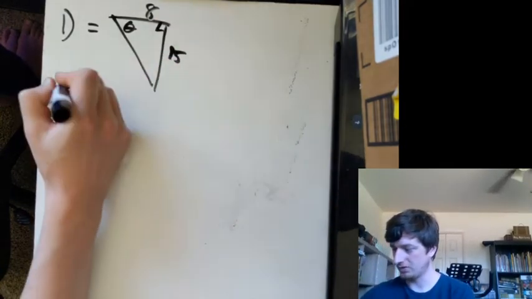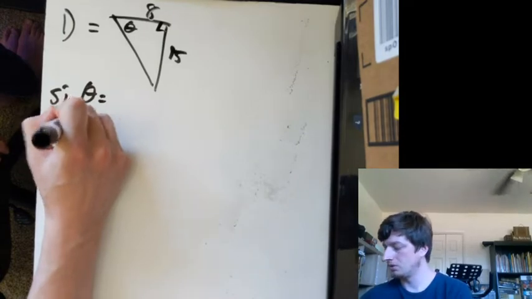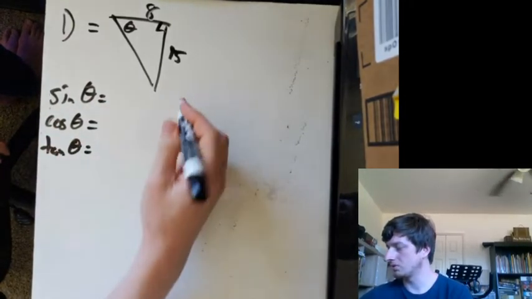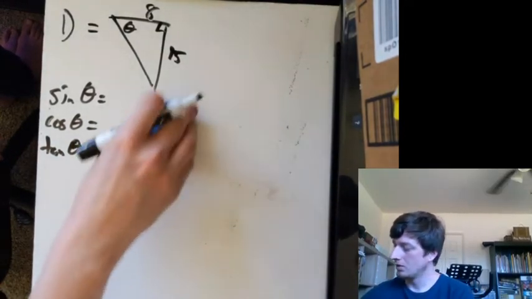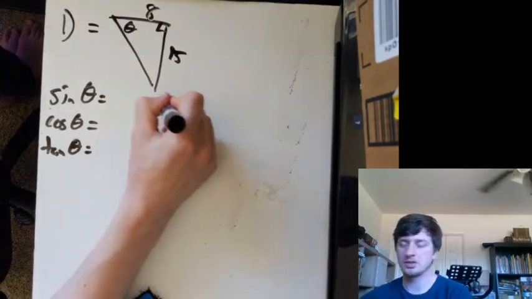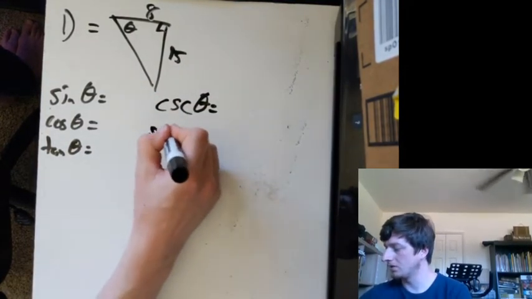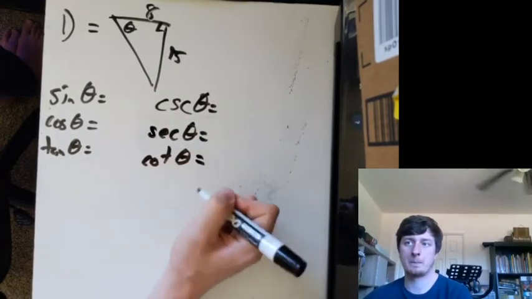We want to know what sine of theta equals, cosine of theta, tan of theta, cosecant (CSC) of theta, secant of theta, and cotangent of theta.